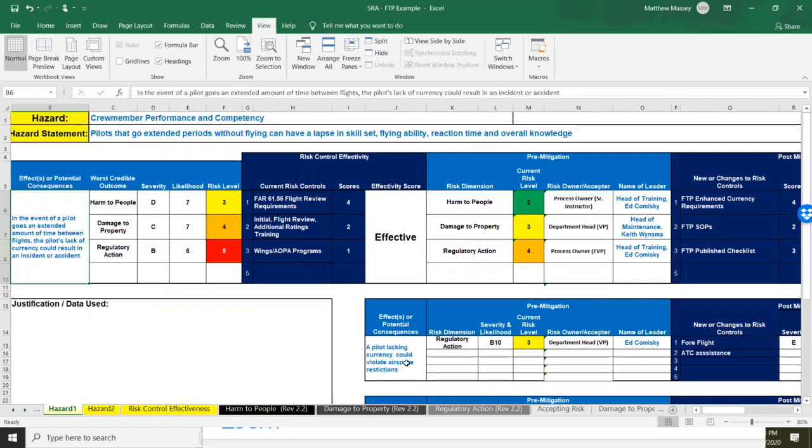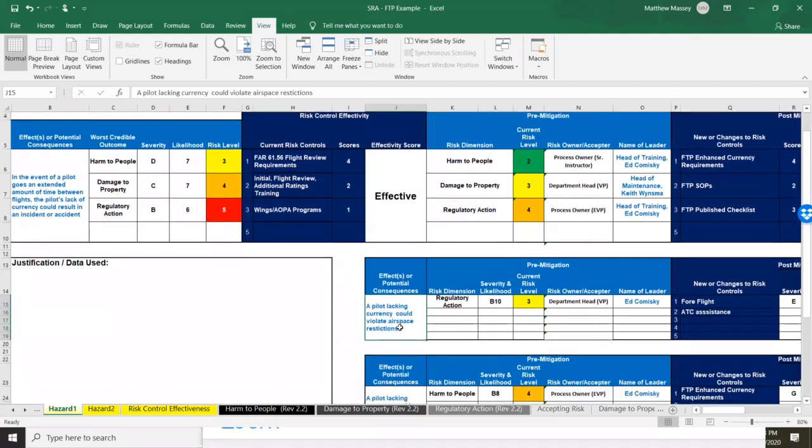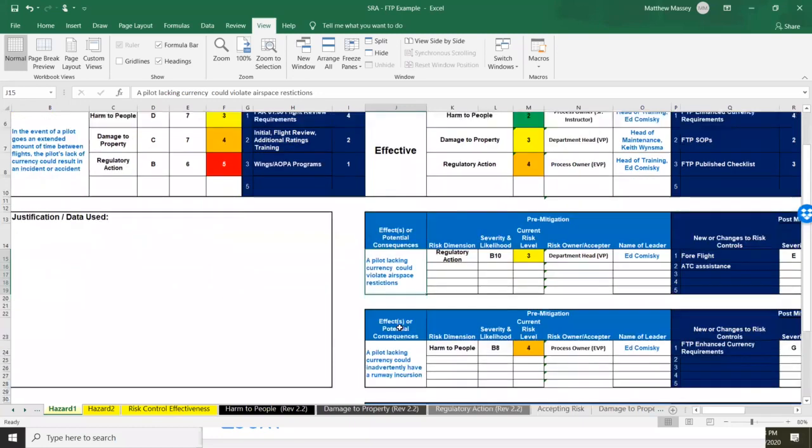If we go down a little bit, I don't know if you guys can see where I'm at, but the second consequence could be a pilot lacking currency could violate airspace restrictions, right? We're surrounded by a lot of airspace restrictions with our Class B right here. So absolutely, if we haven't been flying for a little while, we could make that mistake, right?